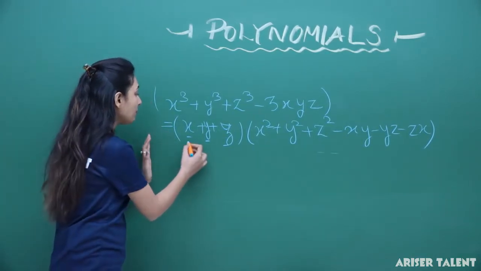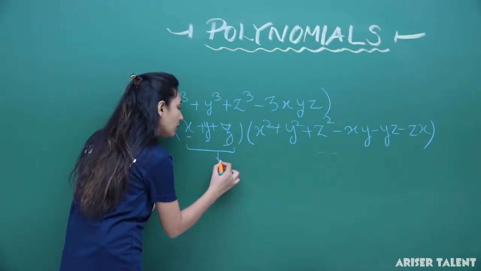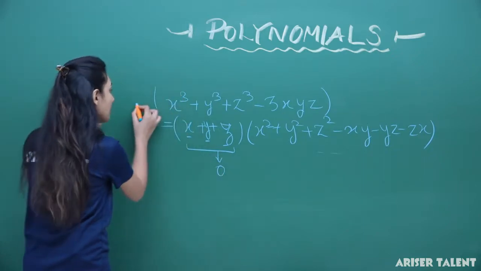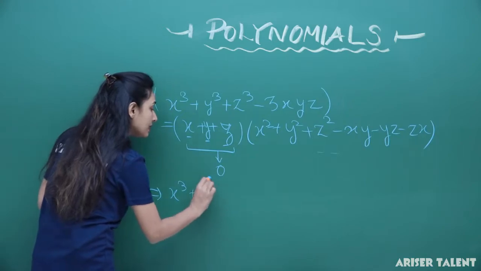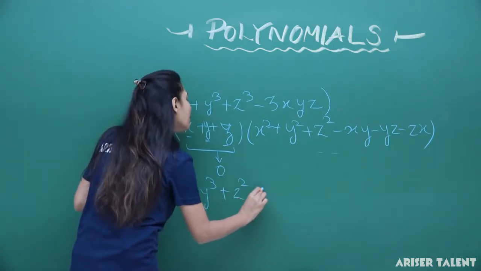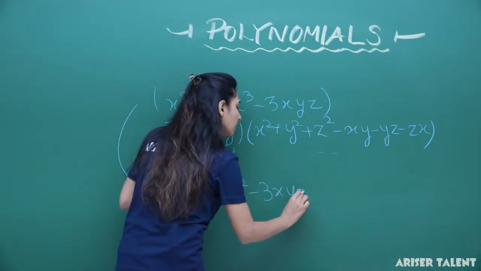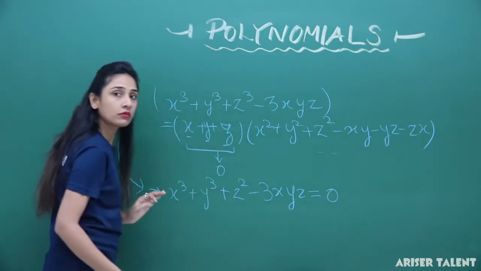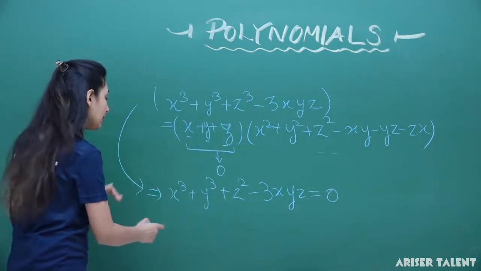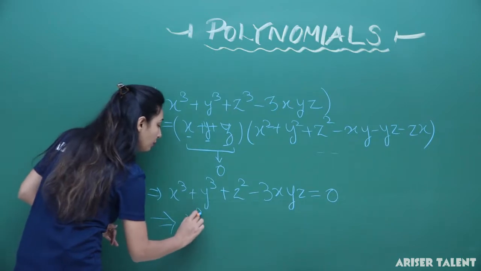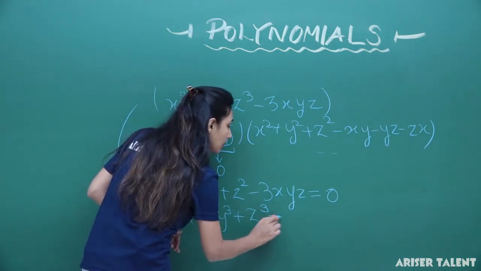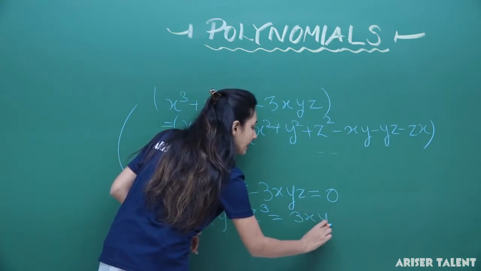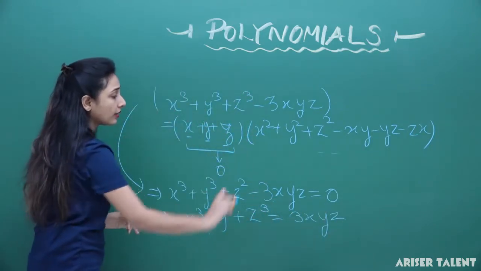So that means if x plus y plus z equals to 0, this complete term will become x cube plus y cube plus z cube minus 3xyz equals to 0. Now it is telling us that x cube plus y cube plus z cube equals to 3xyz. I just transposed the last term to that side.